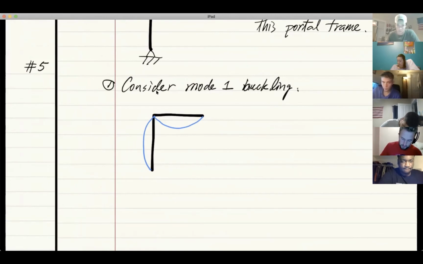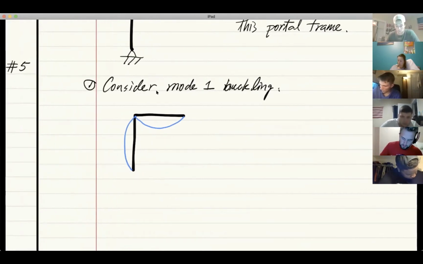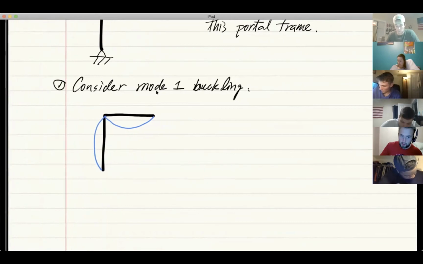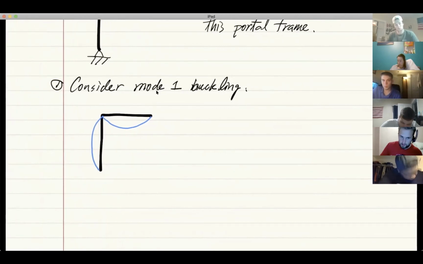Okay. Now, if we consider this case like that, all we have to do is to carry out the structure analysis. And this is the part you should be familiar with from structure analysis. If we cut the members and look at the internal forces, the free body diagram of this member will look like this.